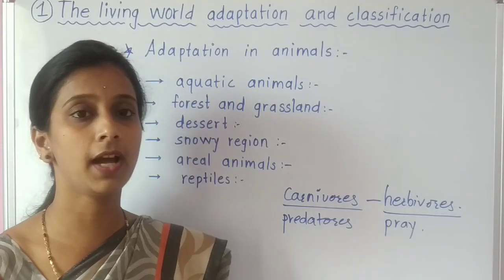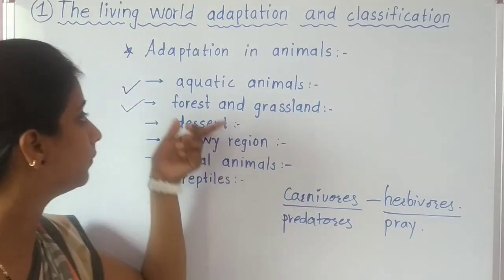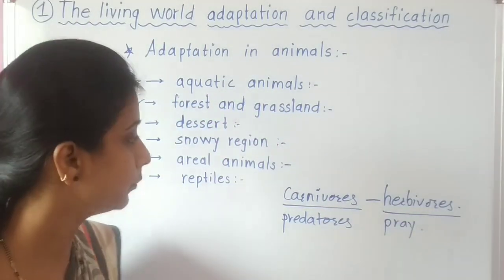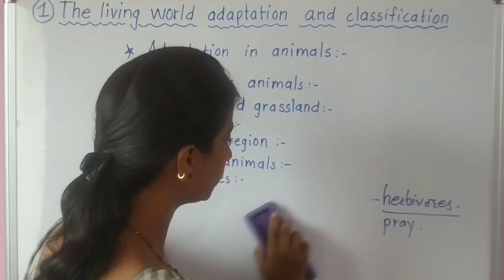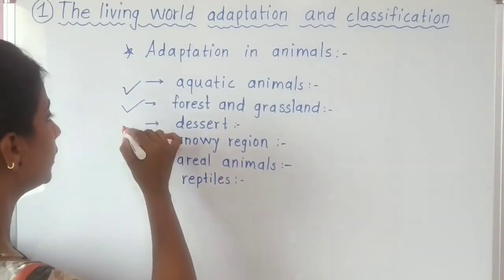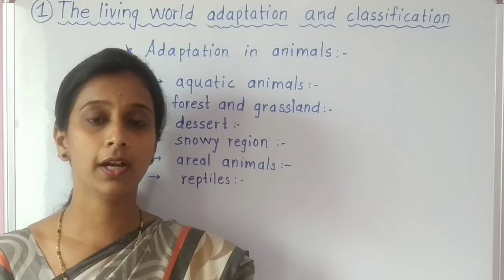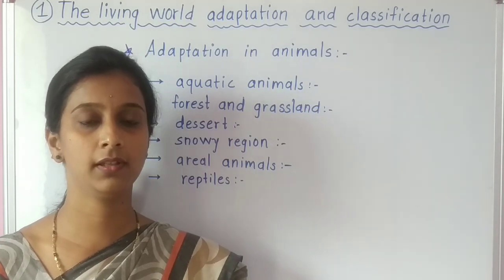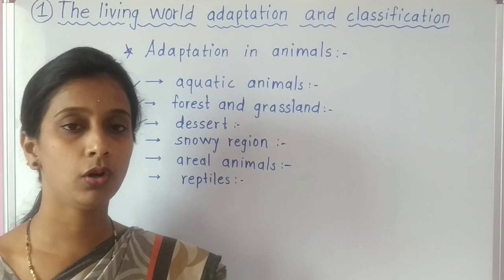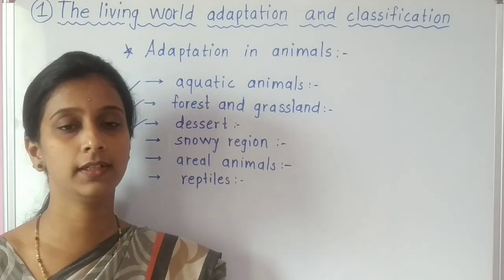So this type of adaptation takes place in the body of forest animals and grassland animals. Come to the next. Our next point is desert animals. Adaptation takes place in the desert animals. So animals like camels, some lizards, rats, spiders, all these animals live or can be found in the desert.